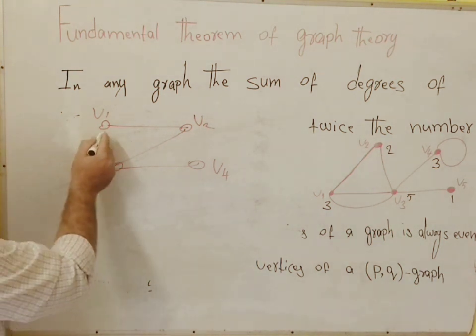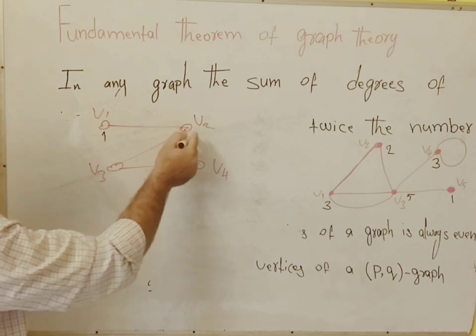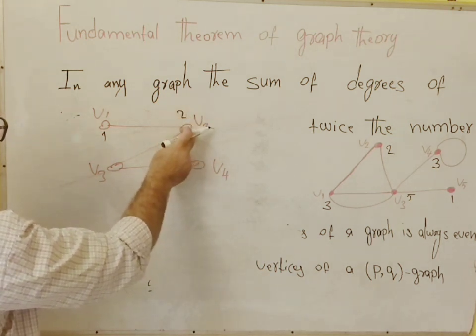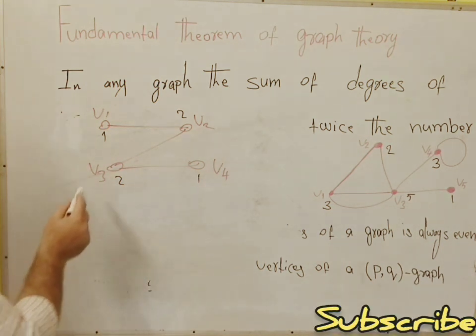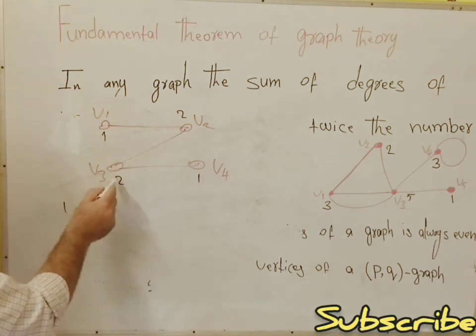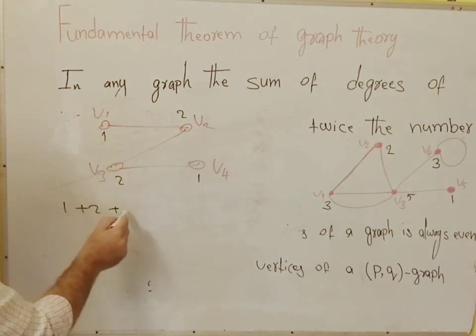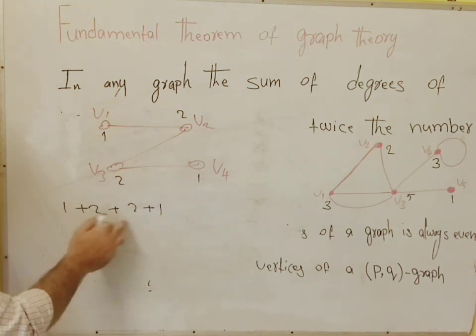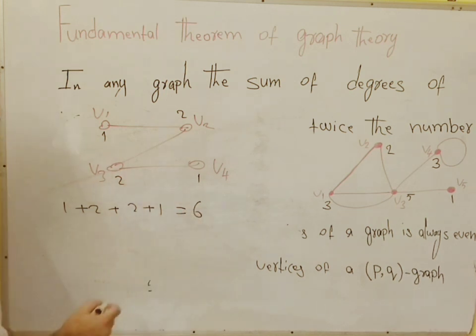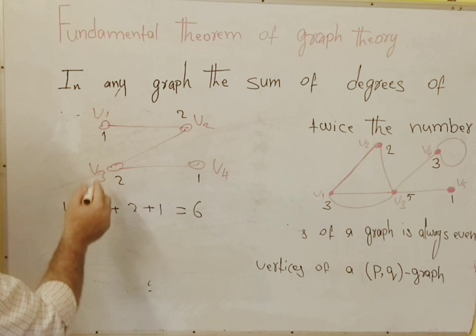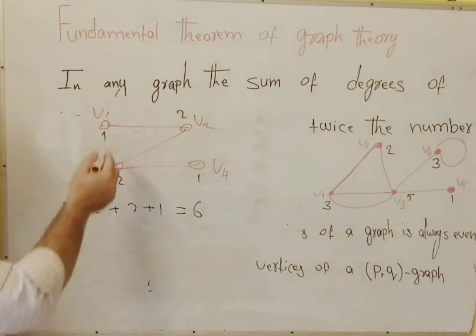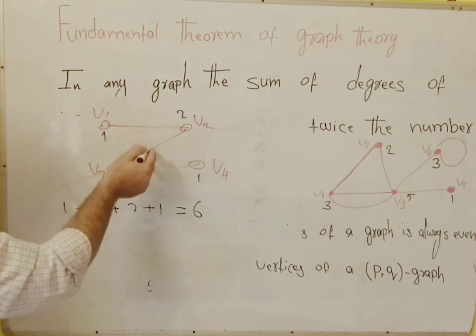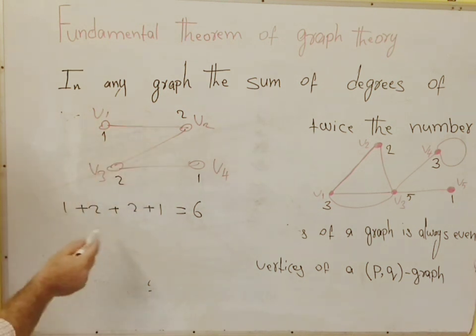Vertex number 1 has degree 1. This vertex has degree 2. This one has degree 2, and this one has degree 1. So 1 plus 2 plus 2 plus 1 is equal to 6. Now, how many edges does this graph have? It has 1, 2, 3 edges.